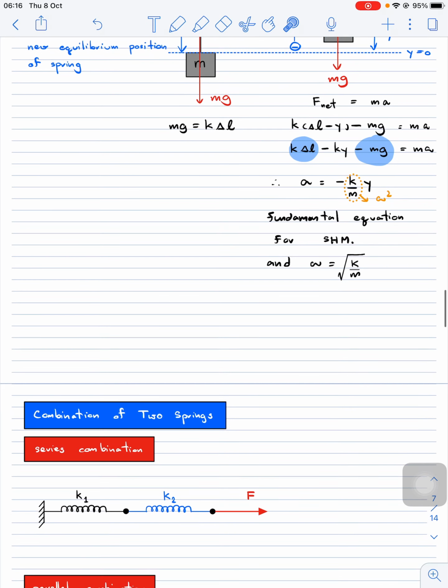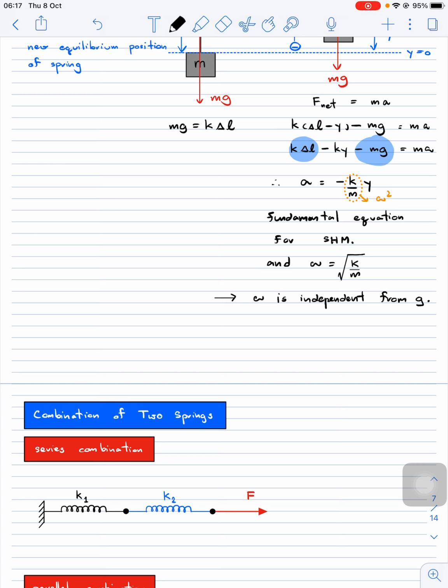So what can we conclude from this? We can conclude that omega is independent of the gravity g.